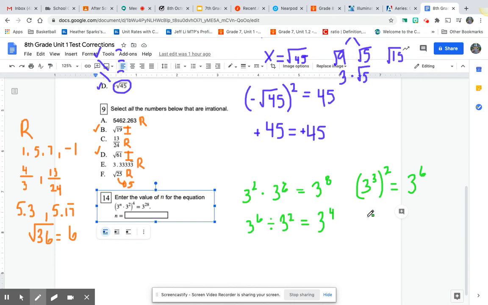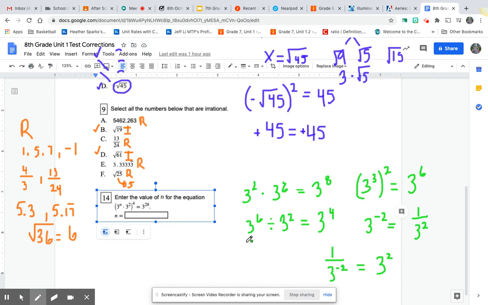And then if you have an exponent that has a negative exponent, you could rewrite it like this by putting it under a fraction under the 1. If the fraction already has an exponent that's negative, like this, you could rewrite it by flipping it. That's what it would look like.